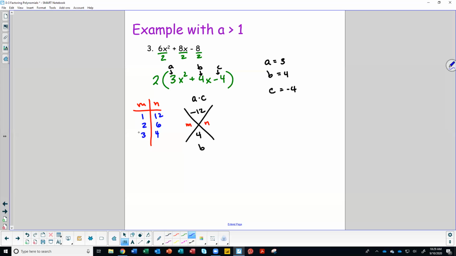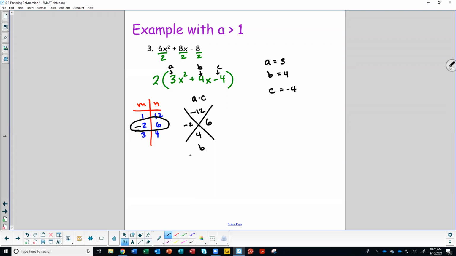And now you only have to go till the numbers would meet each other or switch, meaning the M becomes larger. So I can stop. That's all the possible factors of 12. The 2 that'll combine somehow to give you 4 were the 2 and the 6. But it only worked if 2 was negative. So M here is going to be negative 2, and N is 6. It doesn't matter the order here.